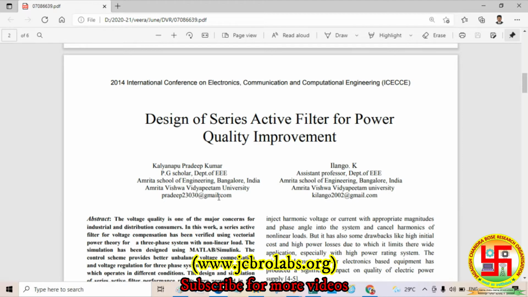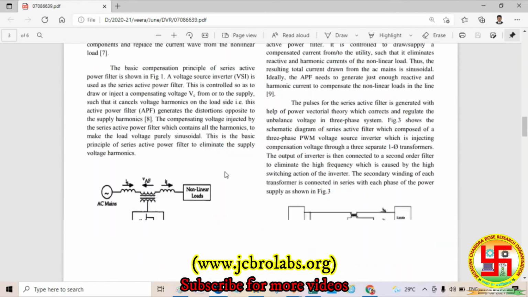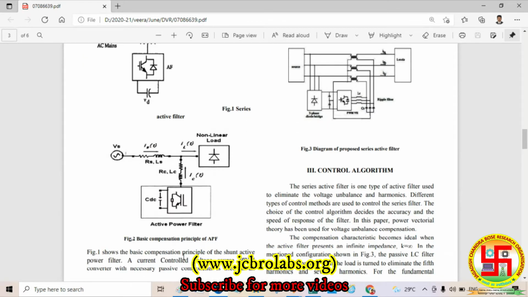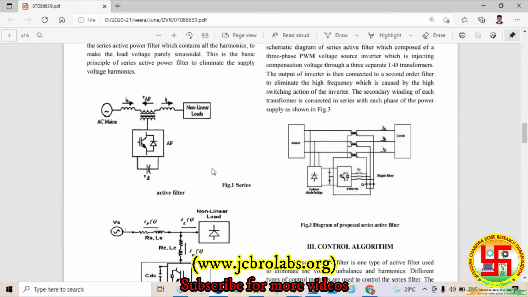How to design a series active filter or a dynamic voltage restorer in MATLAB Simulink, we will see here. This is the IEEE paper, showing the active power filter and the series active power filter. As per this, we will make the simulation and design now.